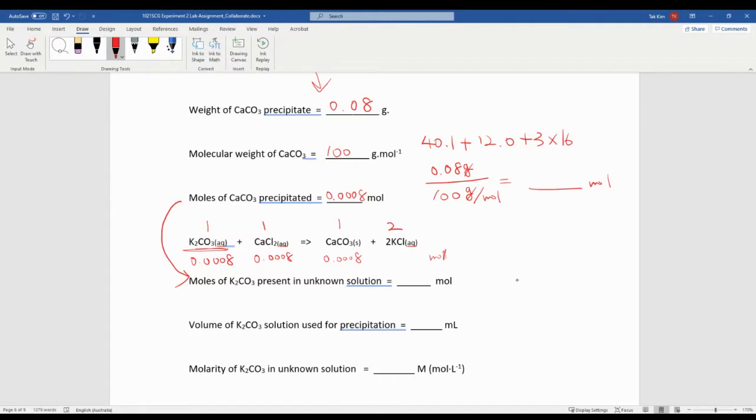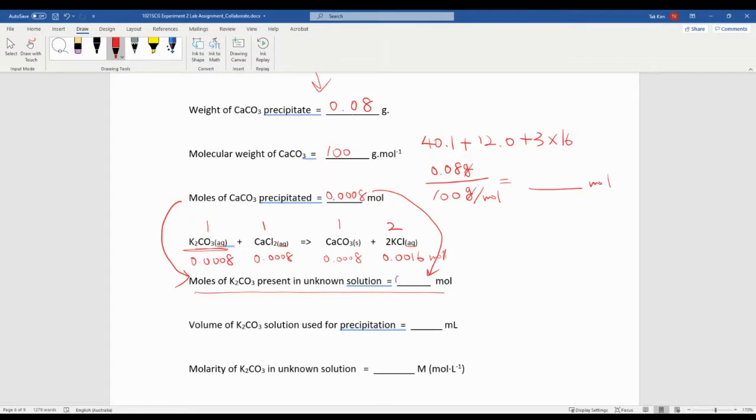Because of that, the number of moles of potassium chloride should be 0.0016, right? So by looking at the stoichiometric ratio and the number of moles over here, this can be answered without any problem, right? Moles of potassium carbonate present in the unknown solution should be the same as the number of moles of your product.